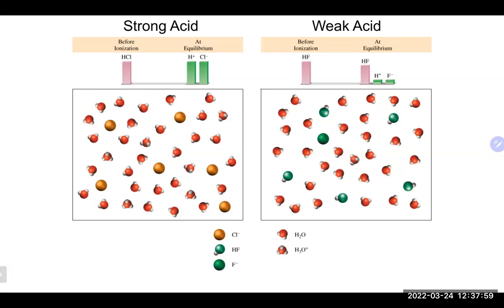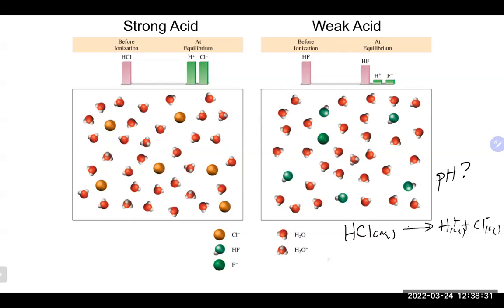Now, this is important as well for something like pH, because they may not always just give you a generic formula like H plus or OH minus. They may just give you something like HCl and give you a concentration and ask, what is the pH? So if they gave us a strong acid, we know that it would 100% break apart into H plus and Cl minus in this particular example.